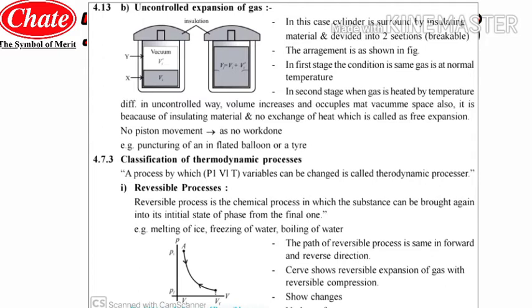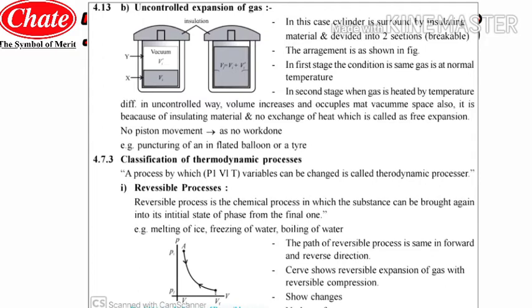Okay students, as the internal energy of the gases goes on increasing, the particles of the gases will move randomly and drastically, and will try to exert forces on the walls of the cylinder, especially on that part of the cylinder which is breakable or weak.